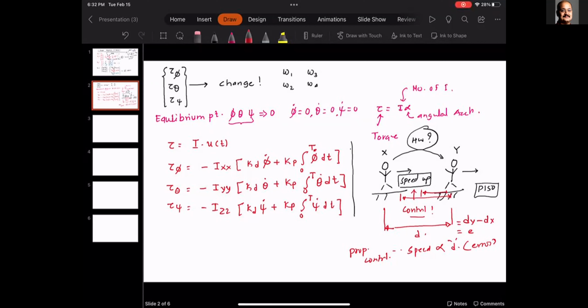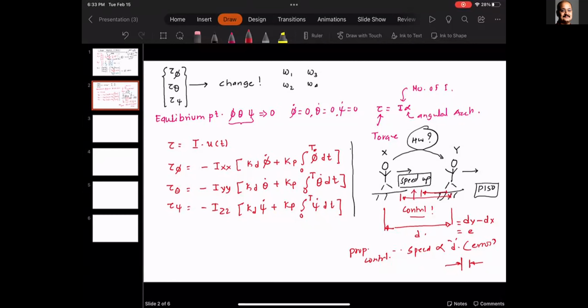What that means is, if you think about it, person X will always be some distance apart. He will not be at the location where Y is. If person Y is over here, person X would be at some distance away from person Y. So how would we make sure that person X reaches exactly where person Y is?